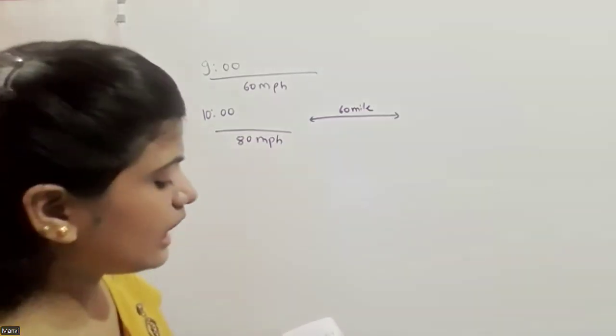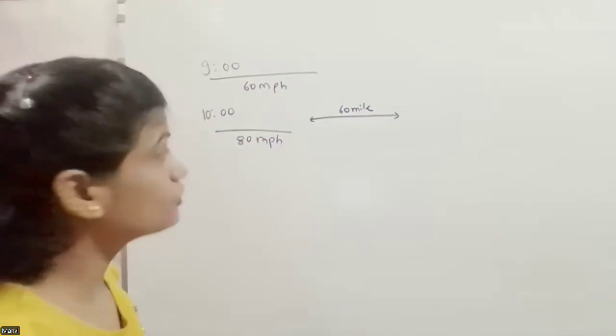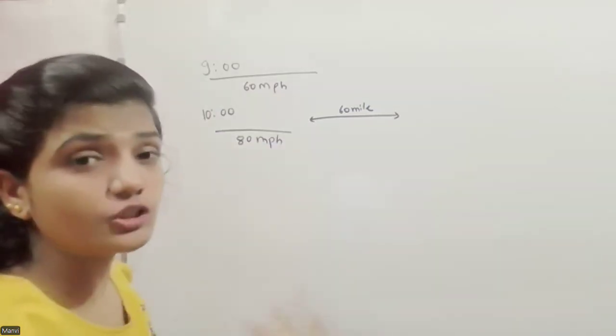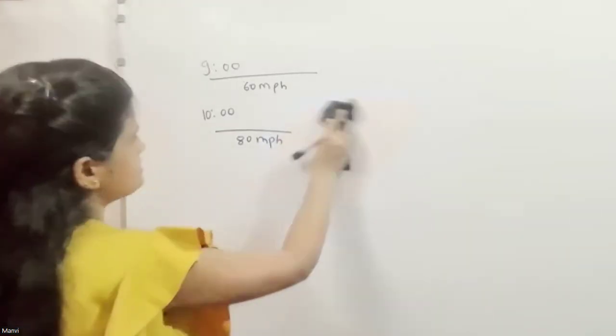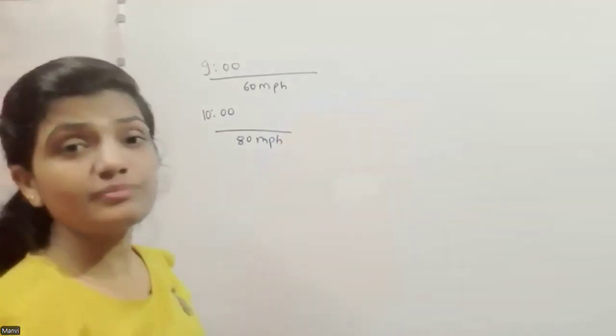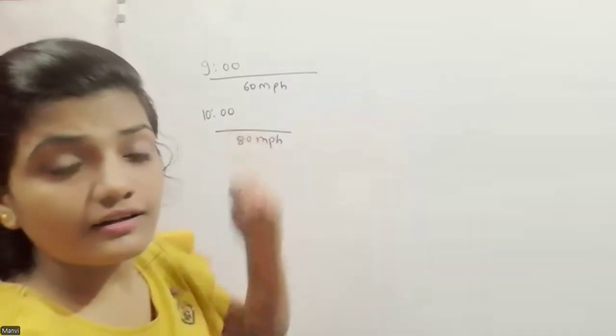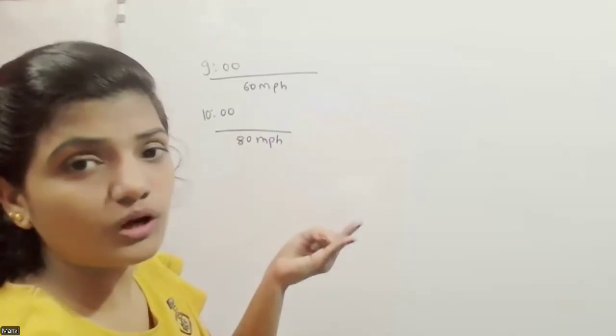So we need to work out how far apart they are at 11. For this question, there are two ways of doing it. One way is to calculate at 11. At 11 means what? 1 hour after 9 is 10, then 1 more hour is 11.